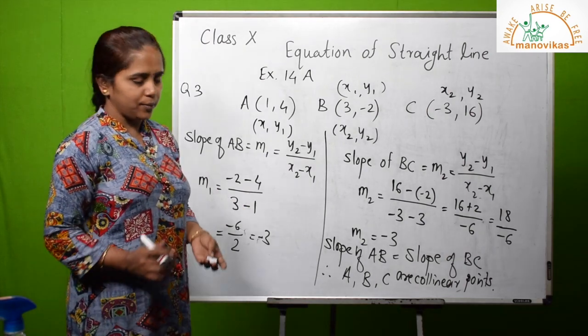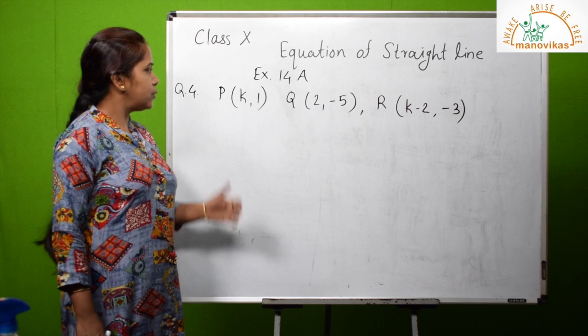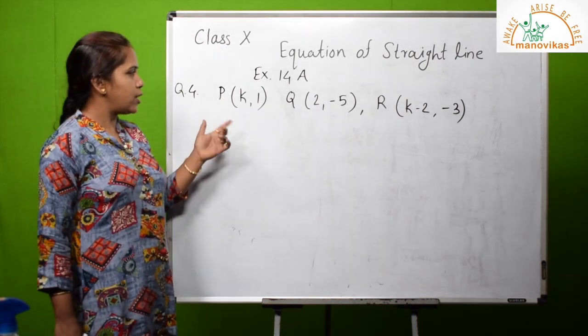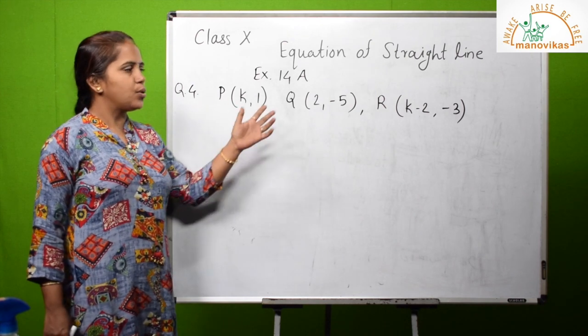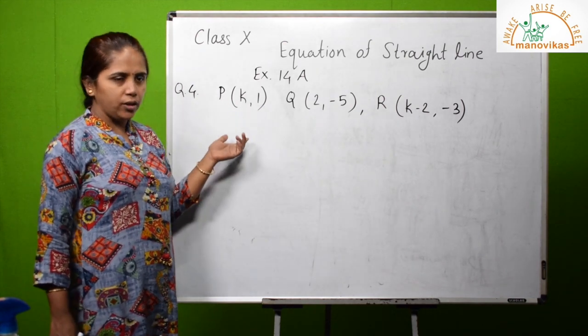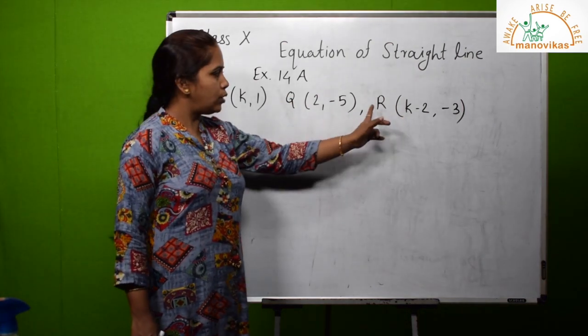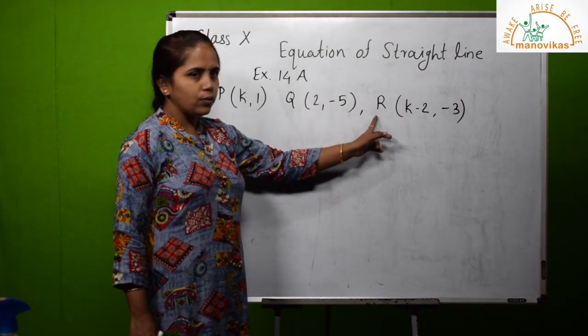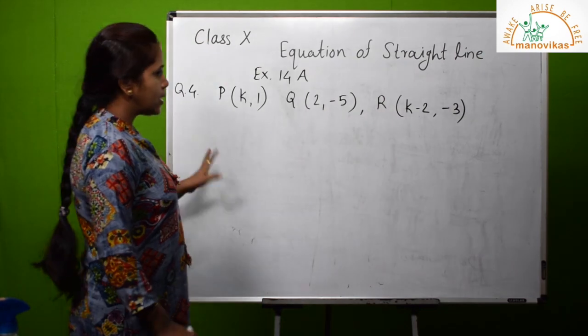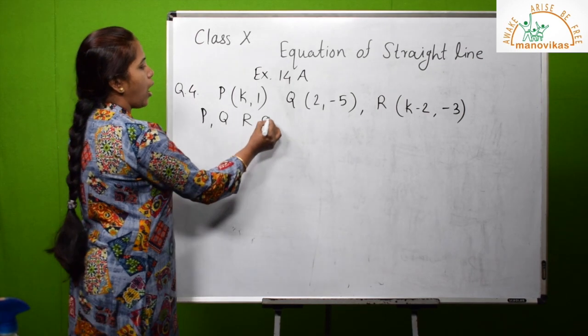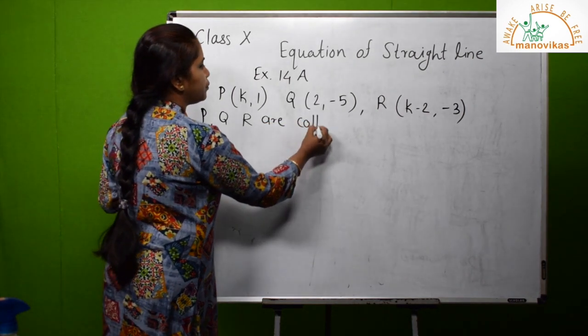Understood? Okay. Now next problem, that is question number 4. In this, what is given? If P, Q, R are collinear, find the value of k, that is the unknown x coordinate of point R. Now here it is given that P, Q, R are collinear.